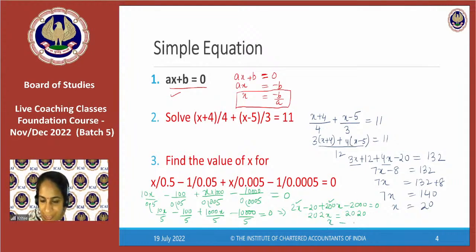So your x is not 20 like everybody else is giving me, but the only person who gave me the correct answer is Lavanya. The answer is 10. I wonder how you people are taking this as 20, but the answer is 10.